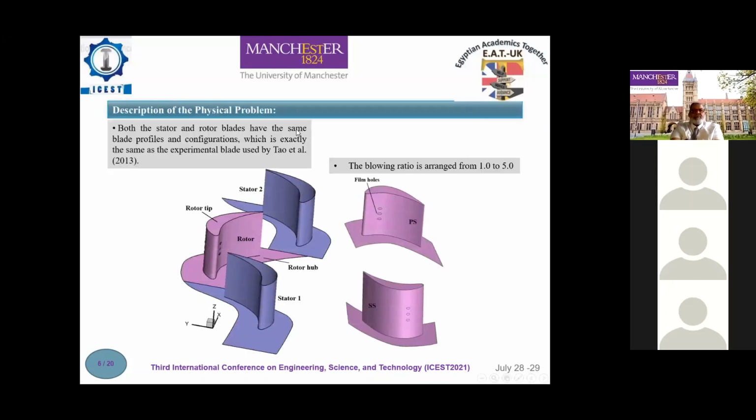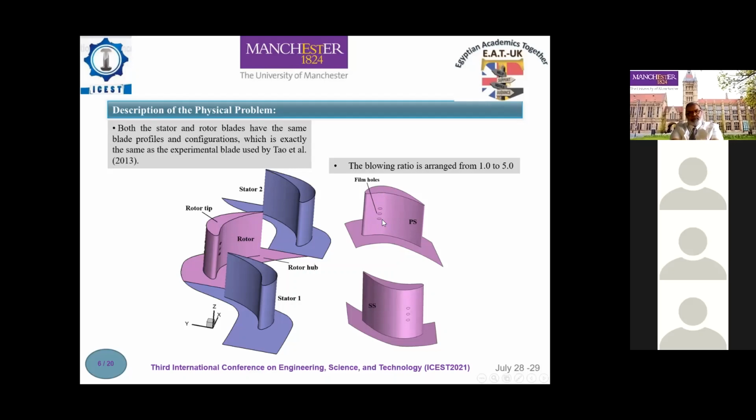As you can see here, the blade configuration includes the first stage stator, the first stage rotor, and the second stage stator. Also, the film hole configuration has one row of holes placed on the pressure surface of the blade.